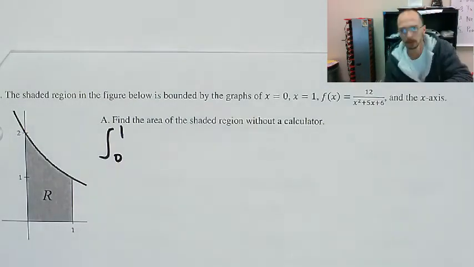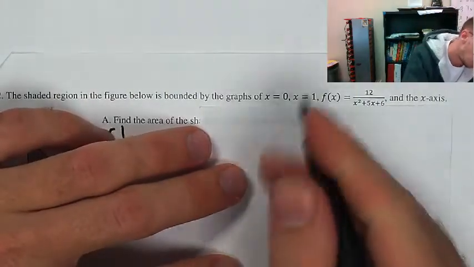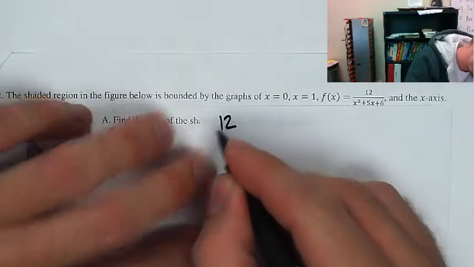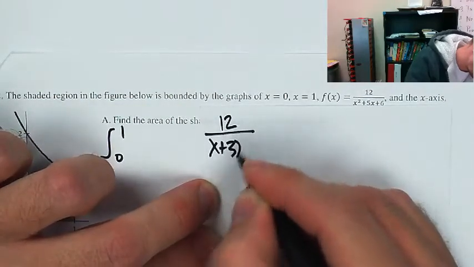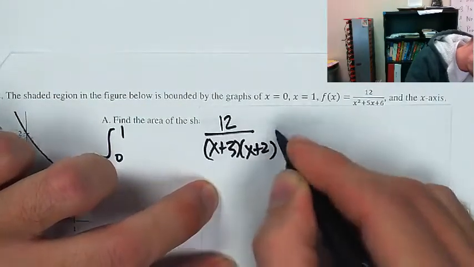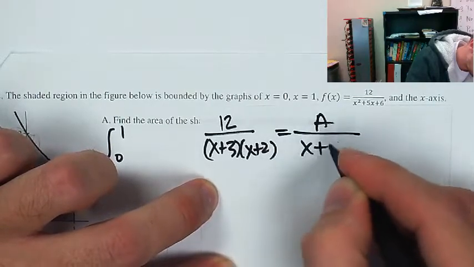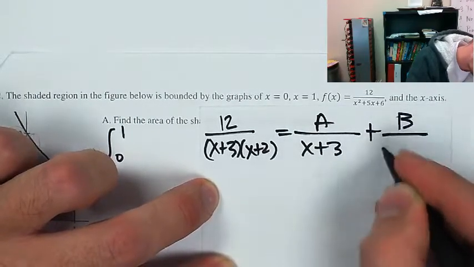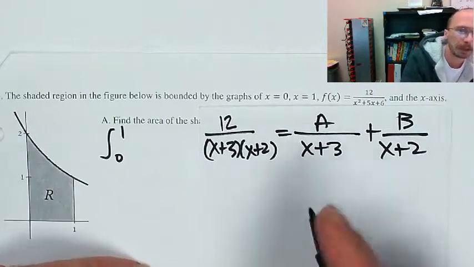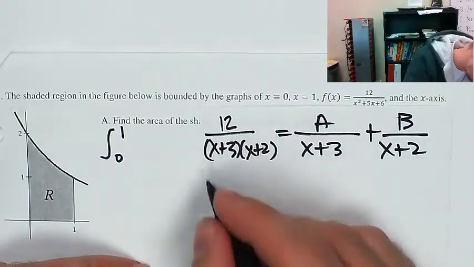So I think I already had something written on it. So we're going to say 12 over x plus 3, x plus 2 is some number over x plus 3 and some other number over x plus 2. Okay. I'm going to clear out the denominator.